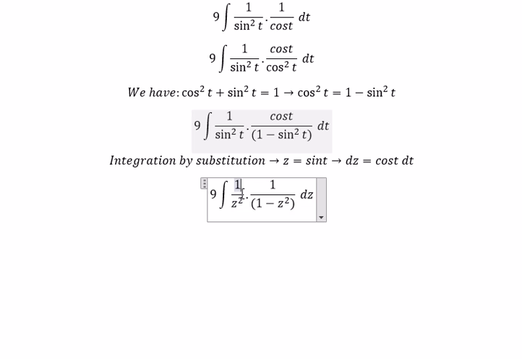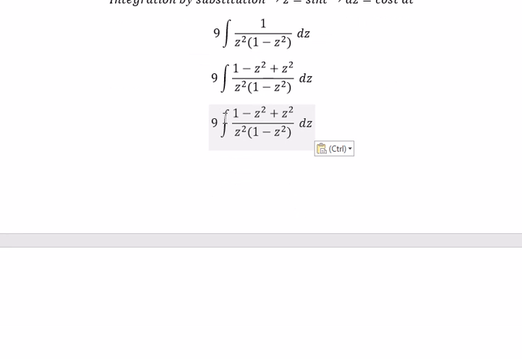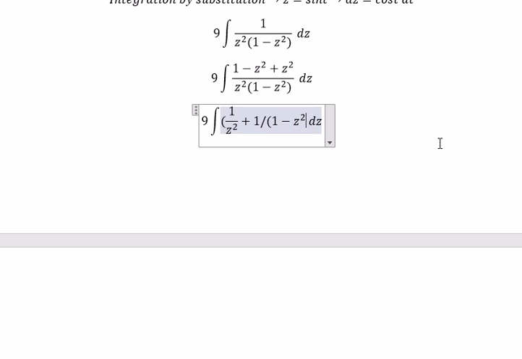And now we can put the simplified form. Next, we can put negative z square plus z square. 1 minus z square divided by 1 minus z square, you will get 1 over z square. z square divided by z square, you got 1 over 1 minus z square.